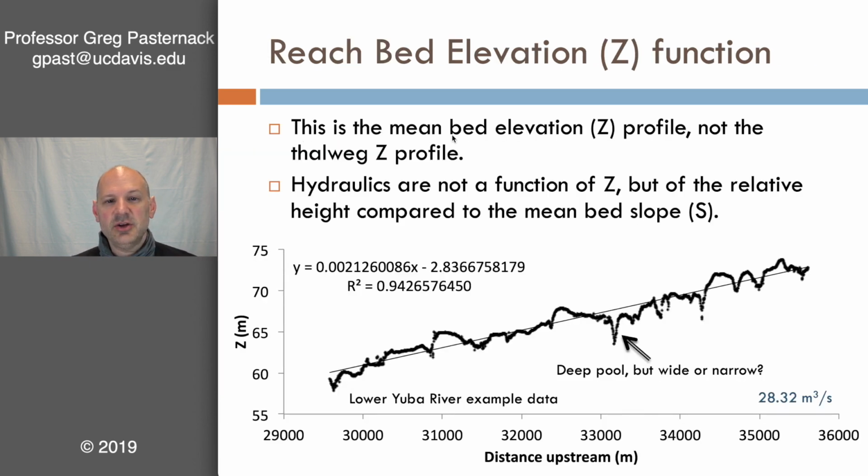Let's take a little bit more of a deep dive into some of the specific functions. In my opinion, in the 21st century, the most enigmatic thing that we have to deal with is the concept of detrending. Detrending is the 21st century enigma to replace bankfull discharge determination in the 20th century.